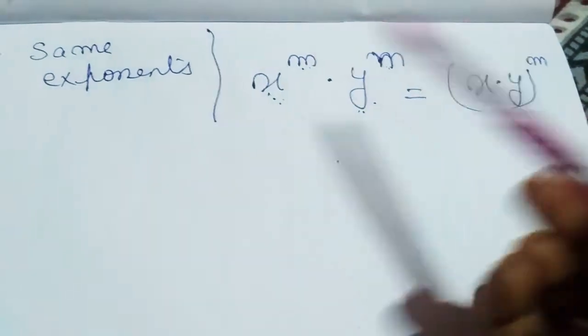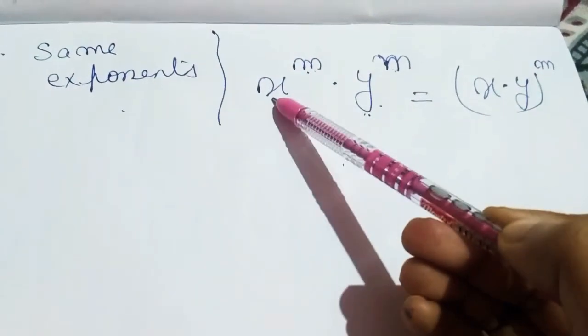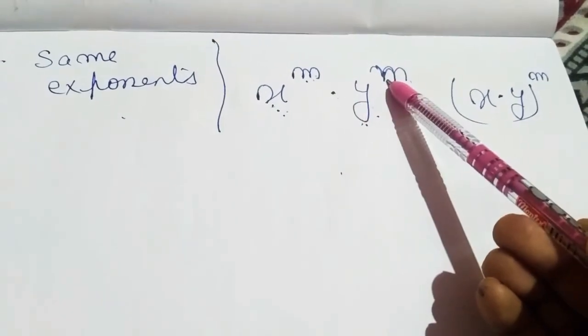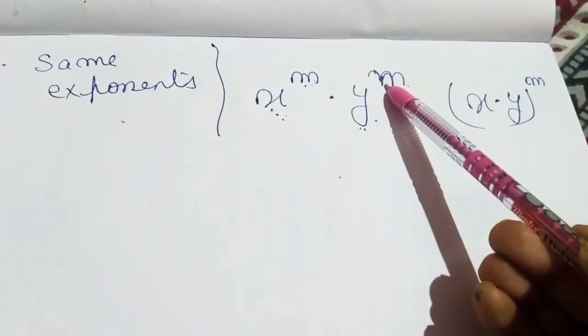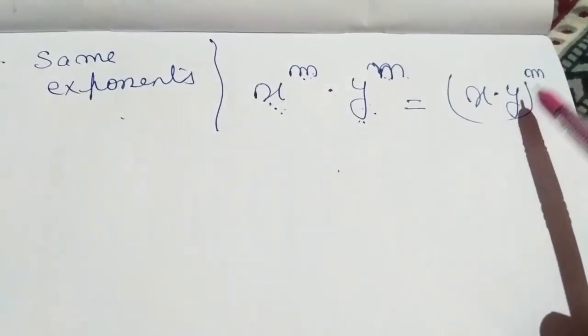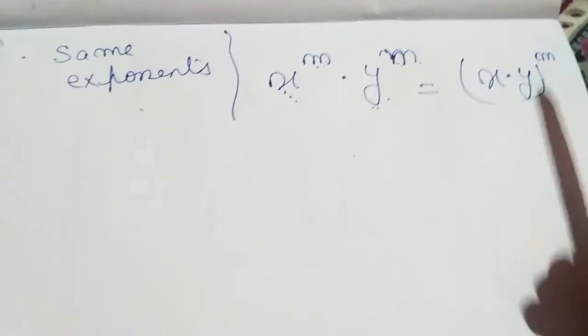Same exponent, that means x to the power n into y to the power n, both are same. So when exponents are same, multiply the bases and take a common exponent.